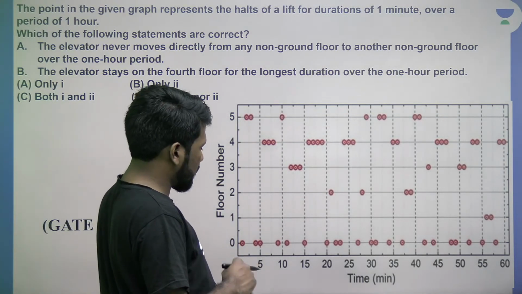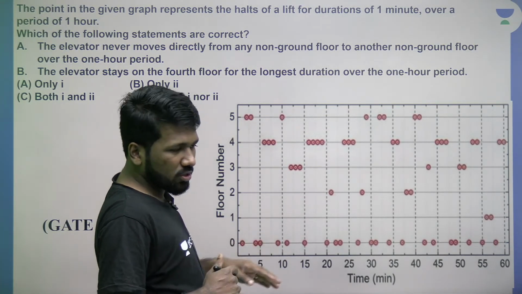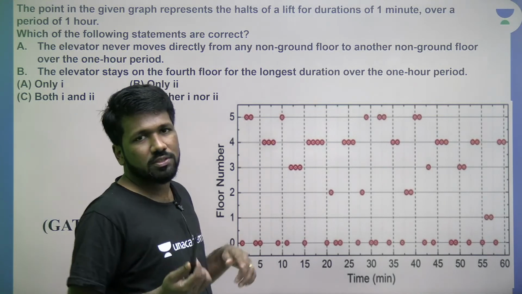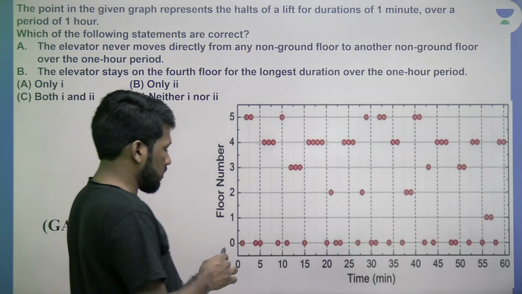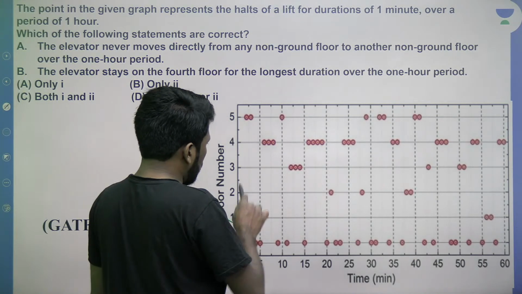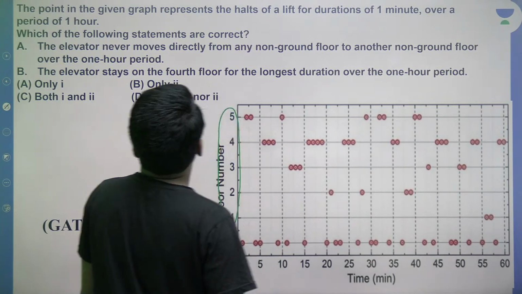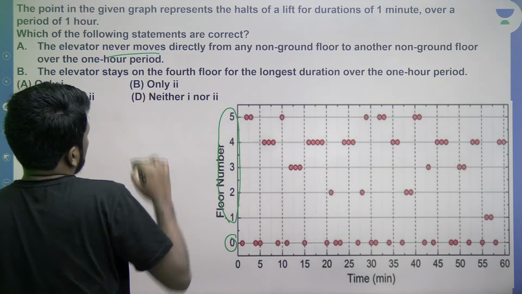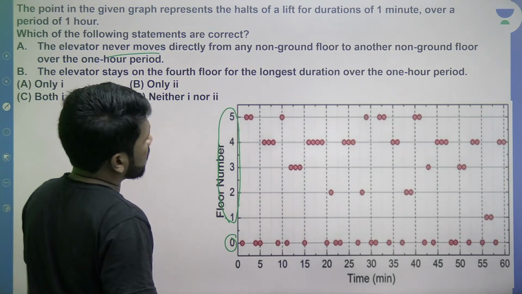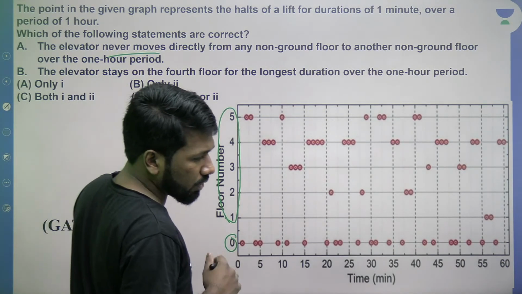Non-ground floor means what? It is not the 0th floor. Ground floor means 0th floor, right? So this is the 0th floor. All these are non-ground floors. The elevator never moves, that means not even once has it moved from non-ground to non-ground.